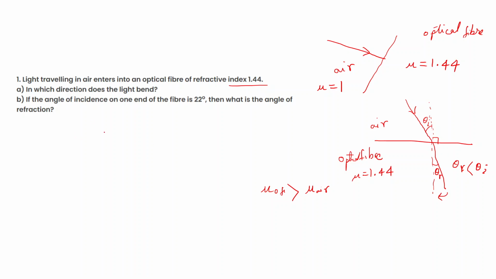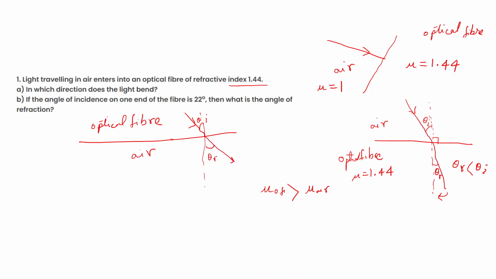If we reverse the case, so that the light is going from this optical fiber, which is the optically denser medium, to air, again we'll consider a normal here, and this is the incident light, this is theta I. If light is going from a denser medium to a rarer one, its velocity is less in the denser medium, but its velocity will increase in the rarer medium, and then it will go away from the normal.